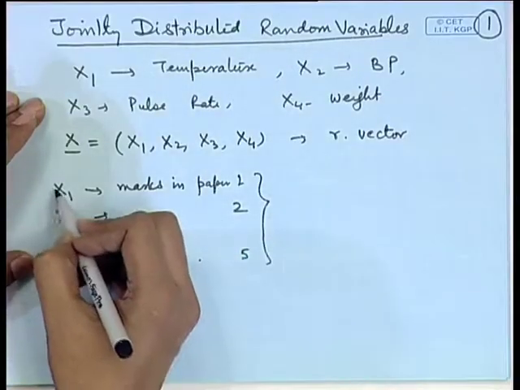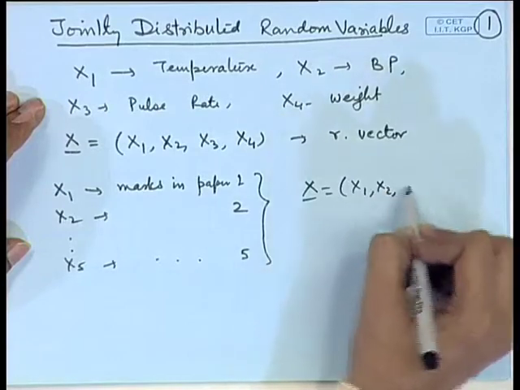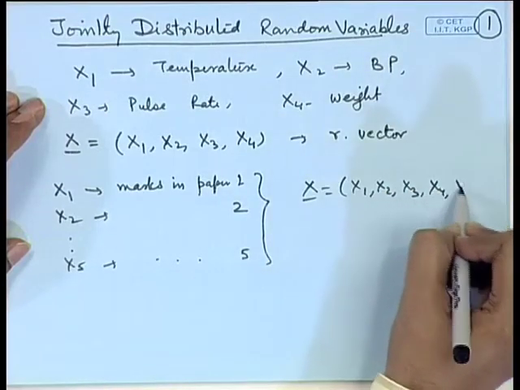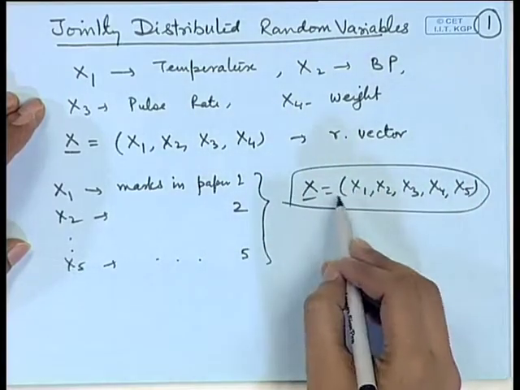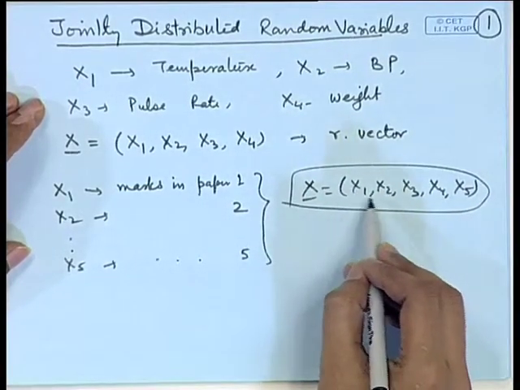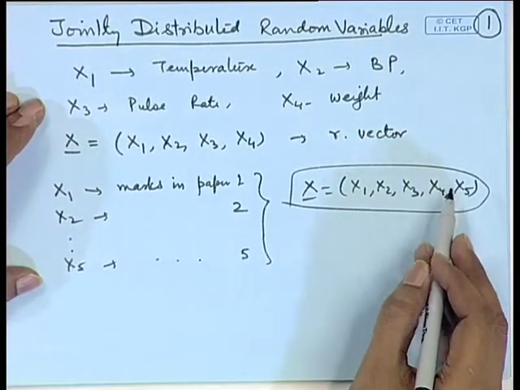So, for each student, if we record x is equal to x 1, x 2, x 3, x 4 and x 5, then this is a random vector or jointly distributed random variables x 1, x 2, x 3, x 4 and x 5.